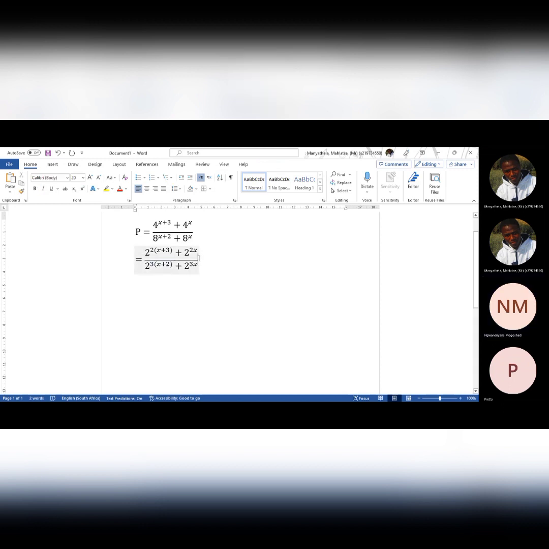Now the bases are the same. Okay? So I deal with this one, let me remove the brackets.